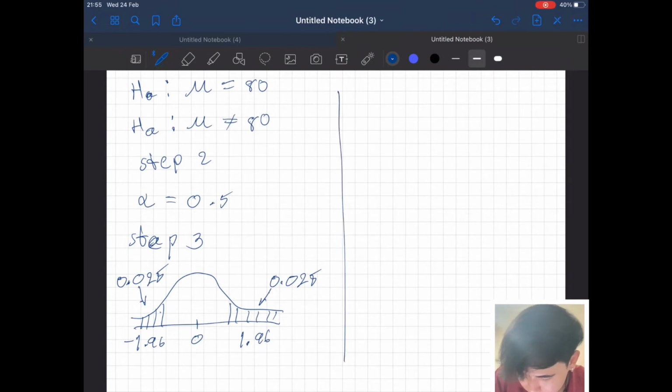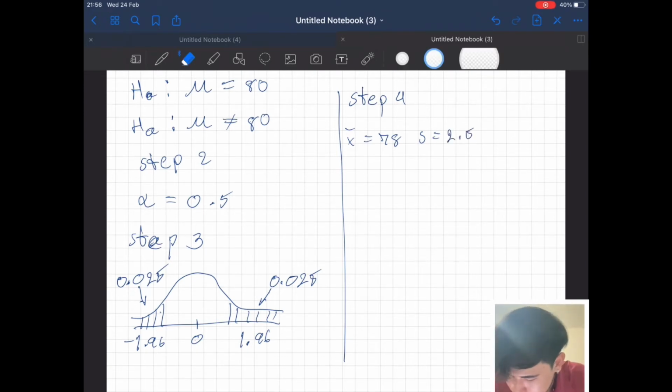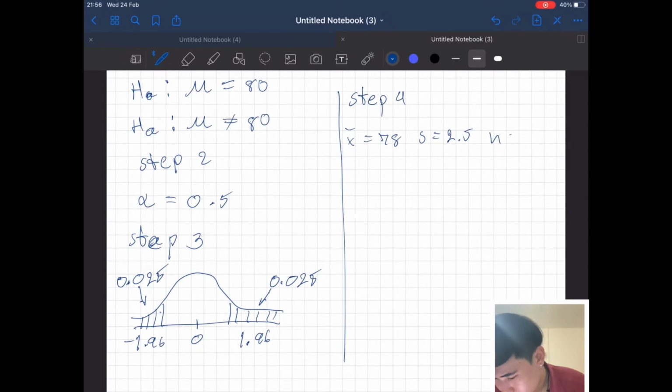Step 4: x bar equal 78, s equal 2.5, n equal 40.